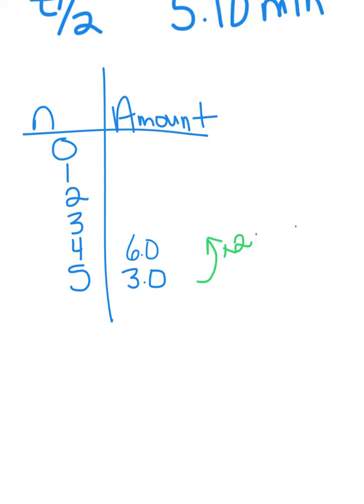Work my way up again, times 2, and I get 12. Times 2 again, and I get 24. Times 2 again, and I get 48. And we'll do it one more time, and I get 96 grams. That is my answer for this problem.